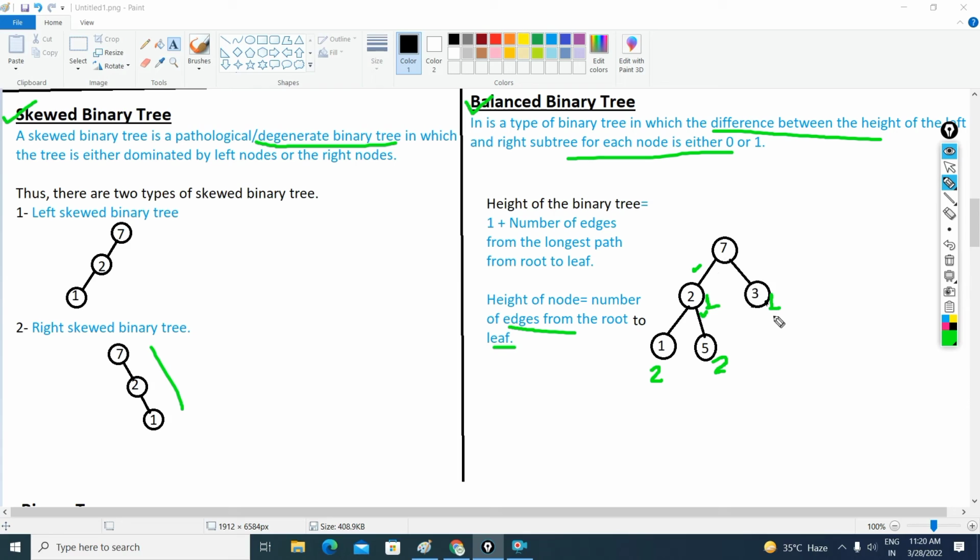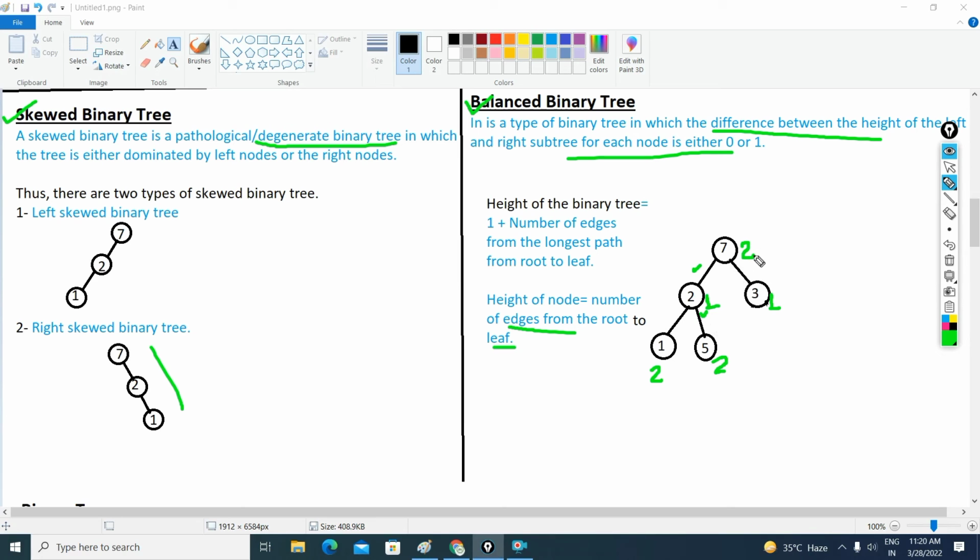Now we will see how we can calculate the height of the root node. For calculating the height, we always observe the longest path, and the longest path is present in the left side. So the height of this node will be 2 only.